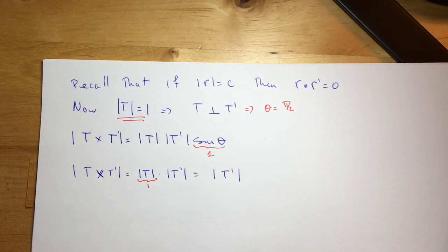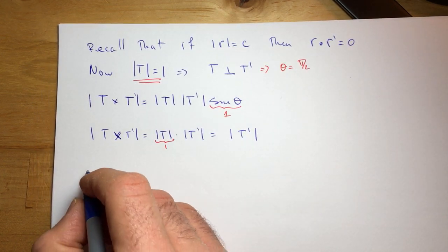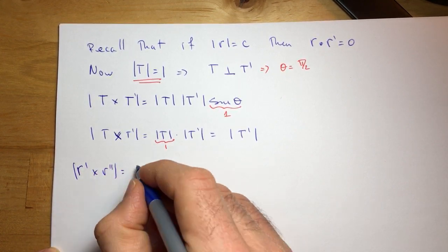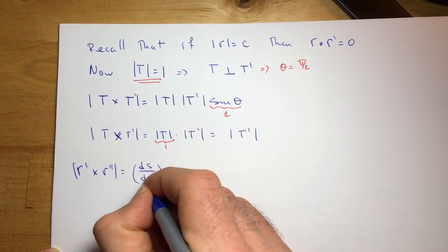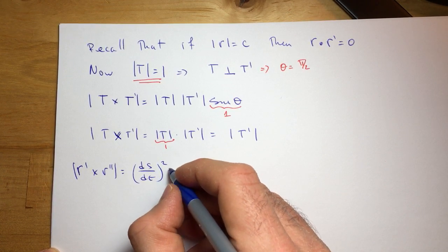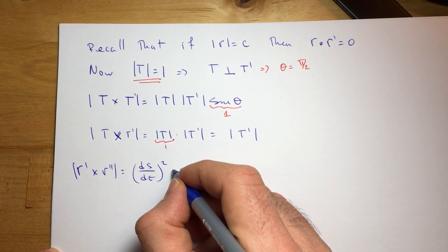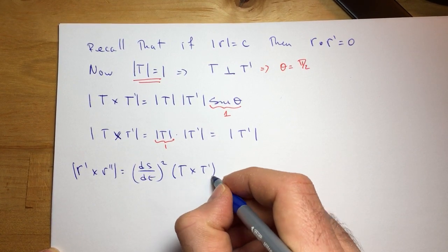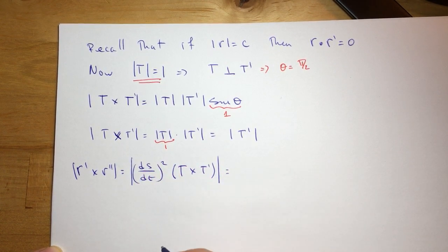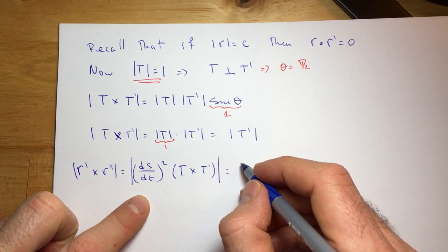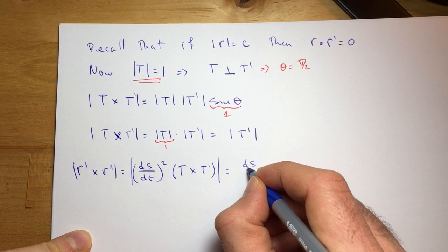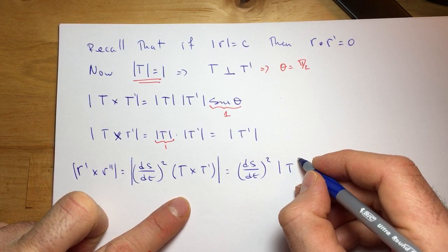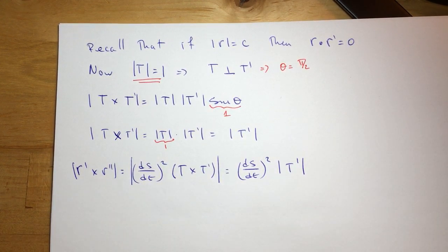Okay, so on the last page we stopped at this point: the magnitude of r prime cross product r double prime is equal to (ds/dt) squared times the magnitude of T cross product T prime, which, since (ds/dt) squared is always positive, is (ds/dt) squared times the magnitude of T prime.